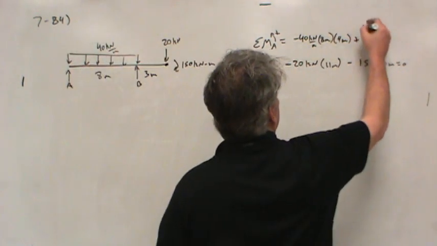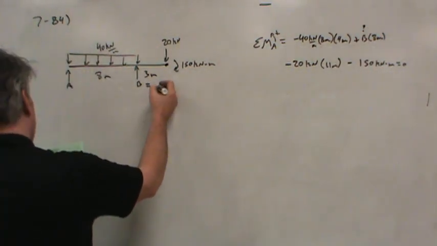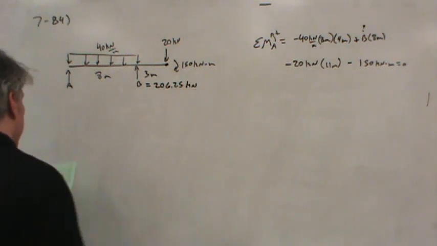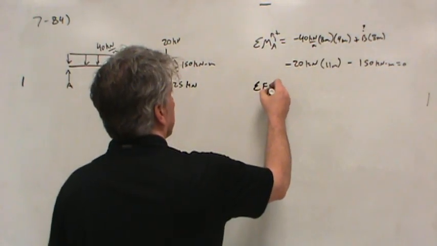So all we're left with is an equation where B is the only unknown. Now I won't go through the algebra, but B came out to 206.25 kilonewtons when I ran through the equation before and calculated B. That's the solution to that equation.